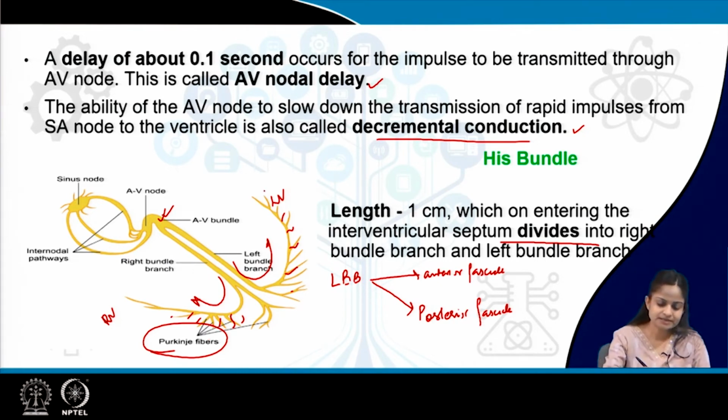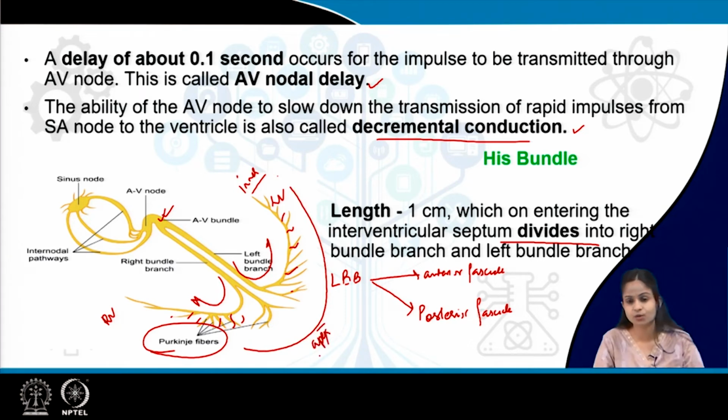Subendocardial means the inner side of the myocardium, and here we have the apex of the ventricle. So this is the outer side of the myocardium. Towards the inner side of the myocardium, the Purkinje cells, or these fast conducting fibers, give off branches.